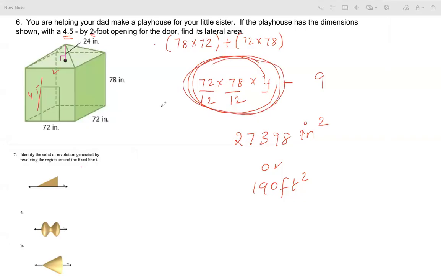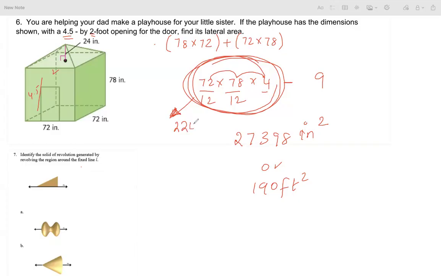Oh, I didn't do feet. I did it in inches. Okay, 72 times 78 times 4, right? Yeah, I did 72 times 78. I got 22464.